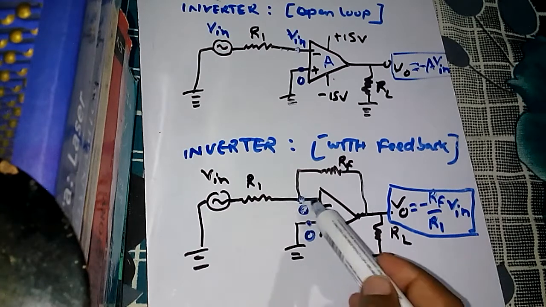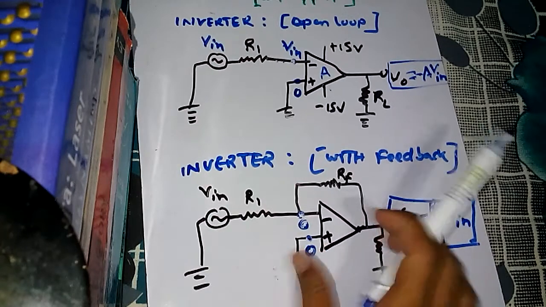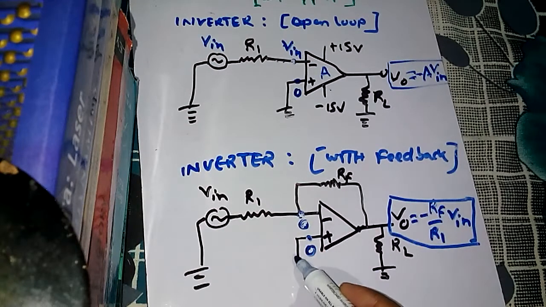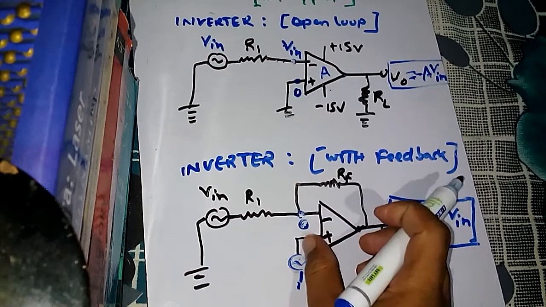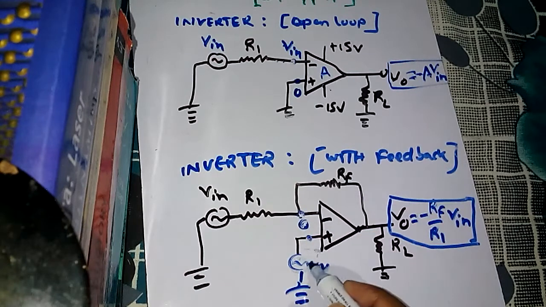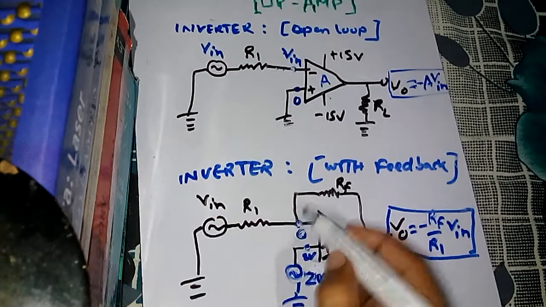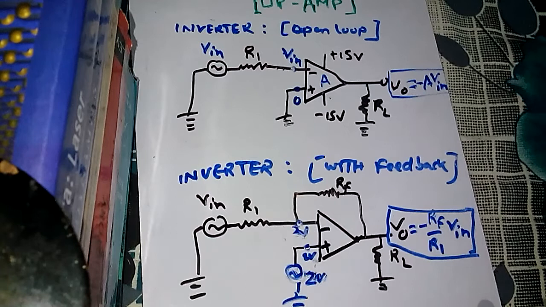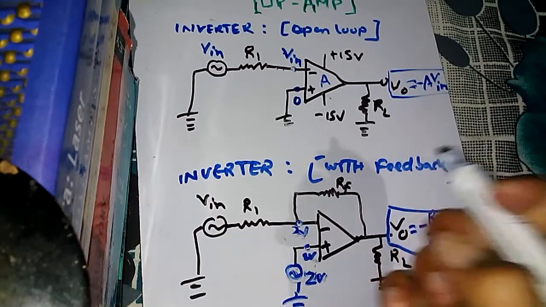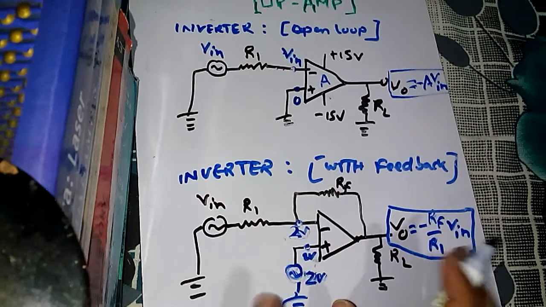At this point the voltage will be the voltage at the positive terminal. Suppose I use 2 volt here, then at this point it is 2 volt, and then at this point also it will be 2 volt by virtual grounding. Actually it is near 2 volt, not exactly 2 volt, but you have to suppose that this is 2 volt. This is the concept.